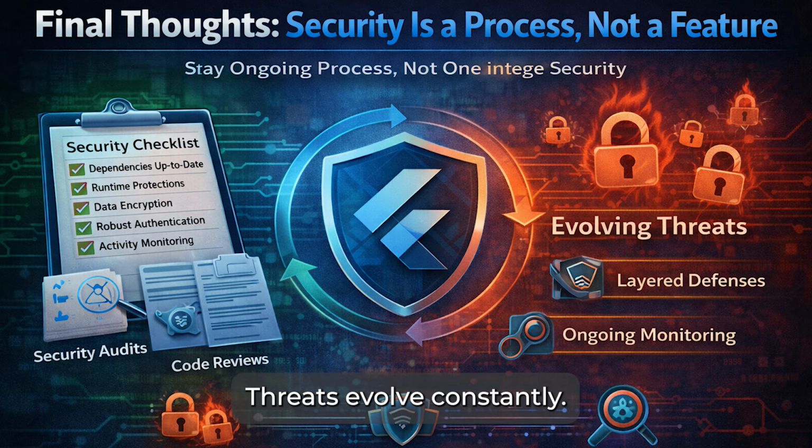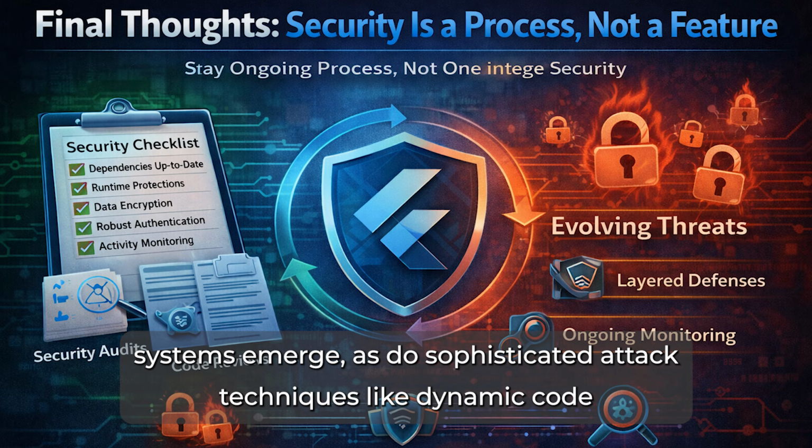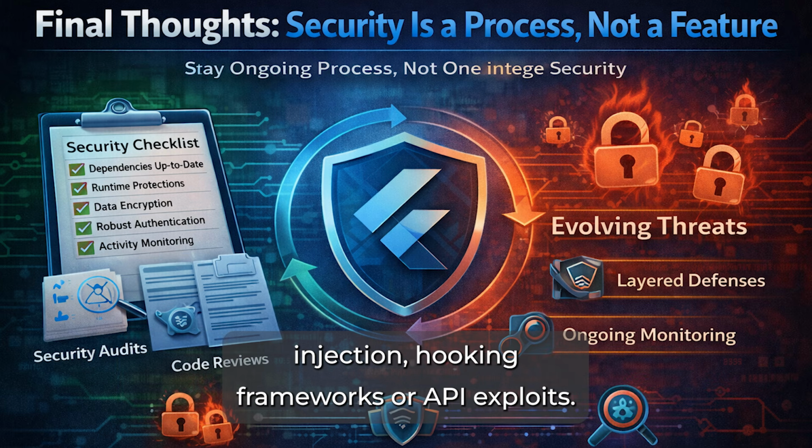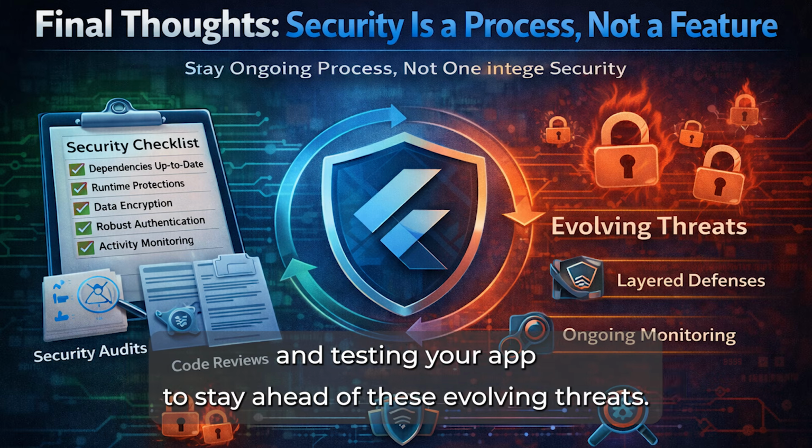Threats evolve constantly. New vulnerabilities in Flutter packages, third-party libraries, and operating systems emerge, as do sophisticated attack techniques like dynamic code injection, hooking frameworks, or API exploits. Treating security as a process means continuously monitoring, updating, and testing your app to stay ahead of these evolving threats.